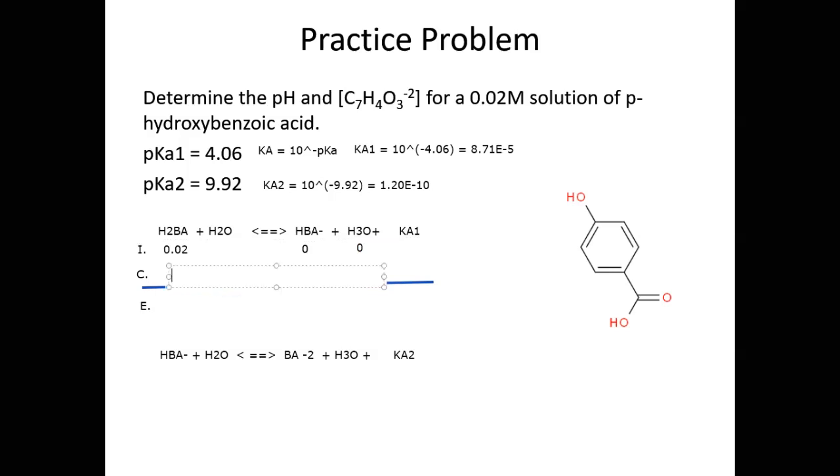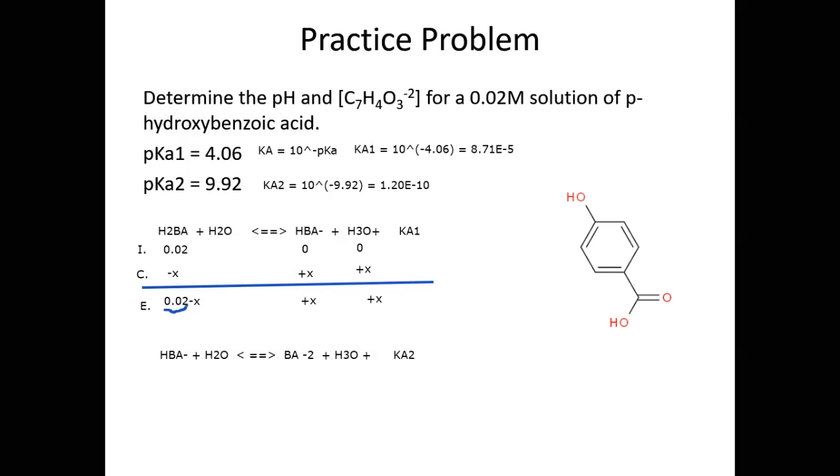Change, of course, minus x, plus x, plus x. Equilibrium, 0.02 minus x, plus x, plus x. Now notice here, pay attention here, notice that the concentration is 0.02, 10 to the negative 2.